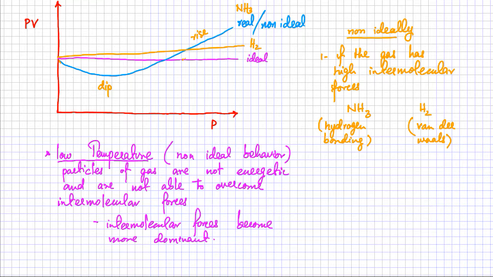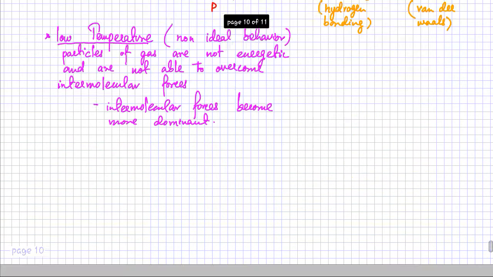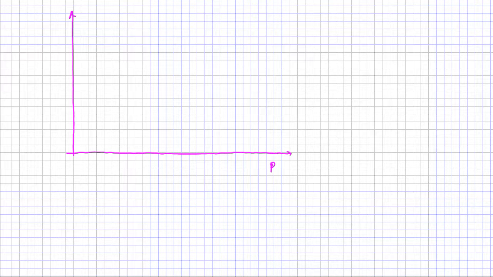Another way to describe the same thing is, I'm going to draw another graph. So this here is pressure and this over here is pressure into volume. And this is for an ideal gas.